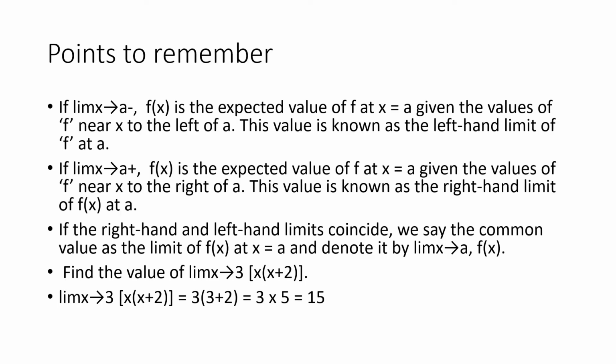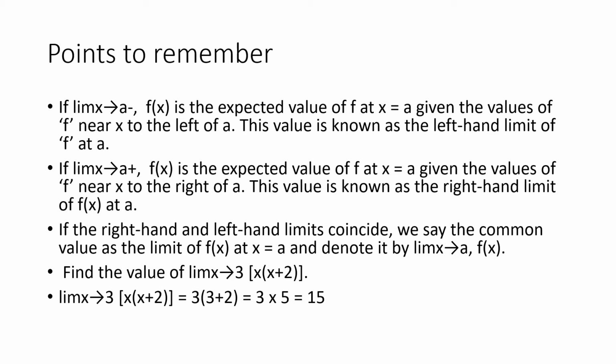But if you look into certain points which you have to take into consideration while going for a limit, you can see that if limit x tends to a, then f of x is expected to be the value of f at x is equal to a.